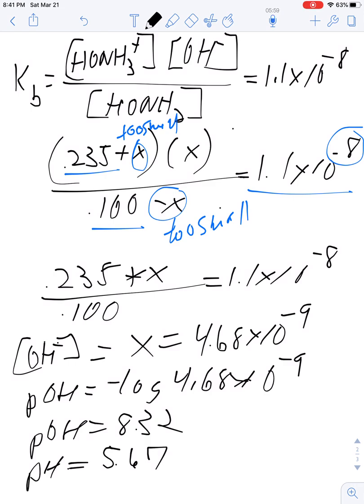So that's my pH for the solution. That's how you go about doing a weak base and a weak base buffer. Okay. The third video will be a little bit longer, so just a warning.